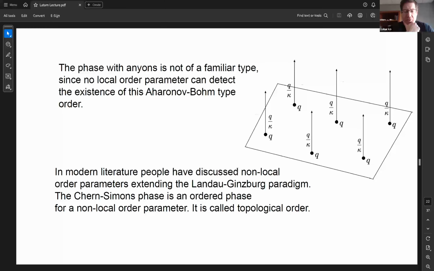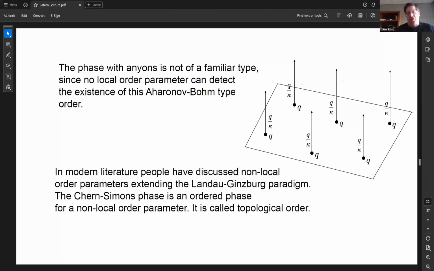Liquids, by the way, are not distinguishable from gases because you can continuously go from the liquid phase to the gas phase without any phase transition. And that goes along with the Landau-Ginzburg theory, because if there is no local order parameter that distinguishes them, then they should not be distinguishable.